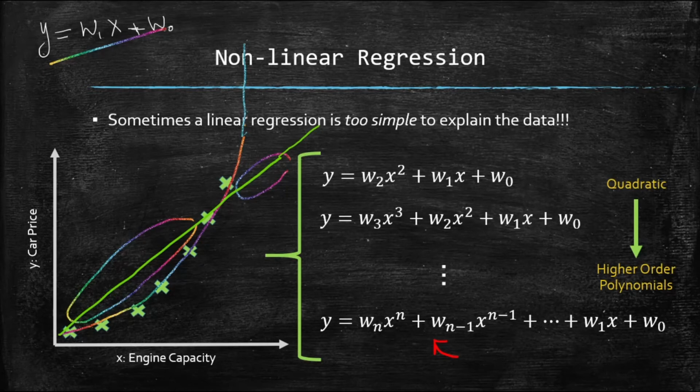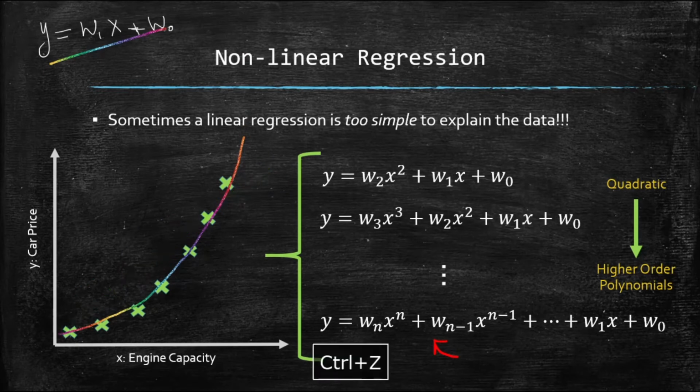So it's basically underestimating the car price given engine capacity of that particular region, and that is when you would resort to models of more complexity, such as quadratic models, higher order polynomial models.